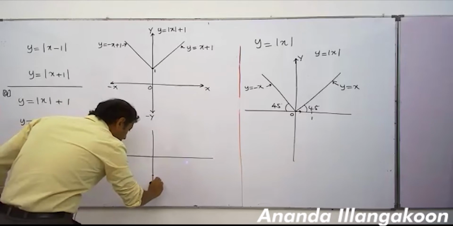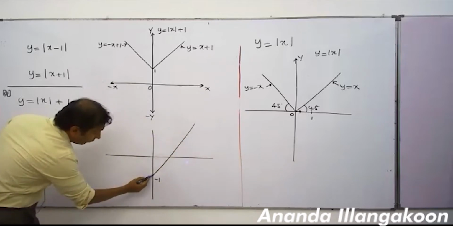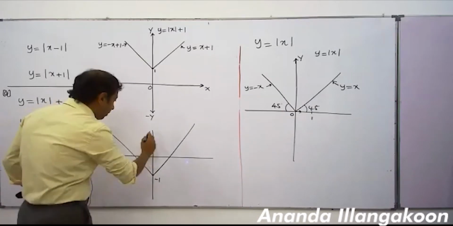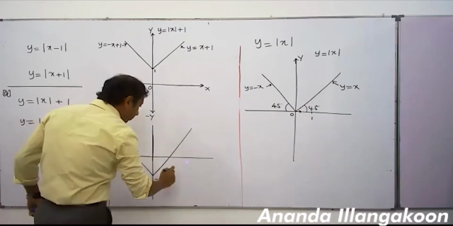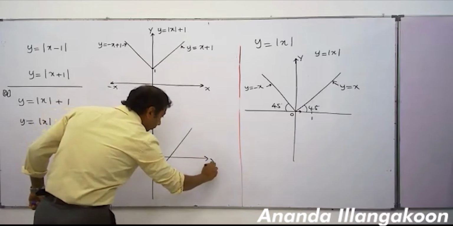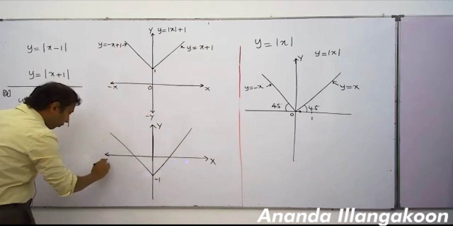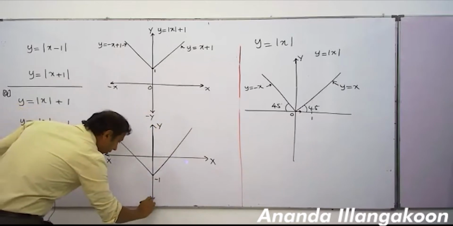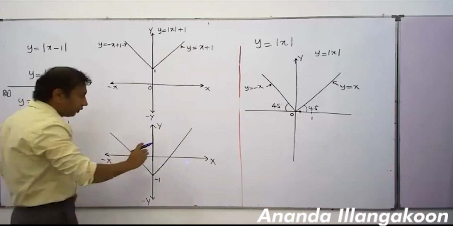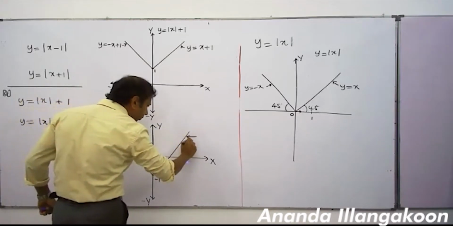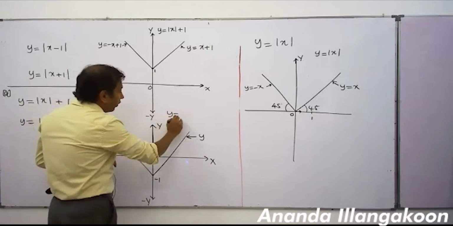Minus 1 is the vertex now. You see, right? So then this overall equation is y equals mod x minus 1.